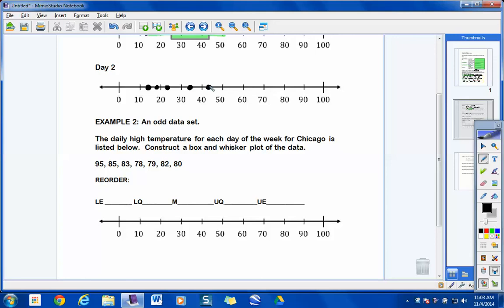All right, so I'm going to put a box again around my quartiles. This represents the middle, what percent again of data? That's the middle 50%. And then I'm going to put some whiskers out here for the upper 25% and for the lower 25%.